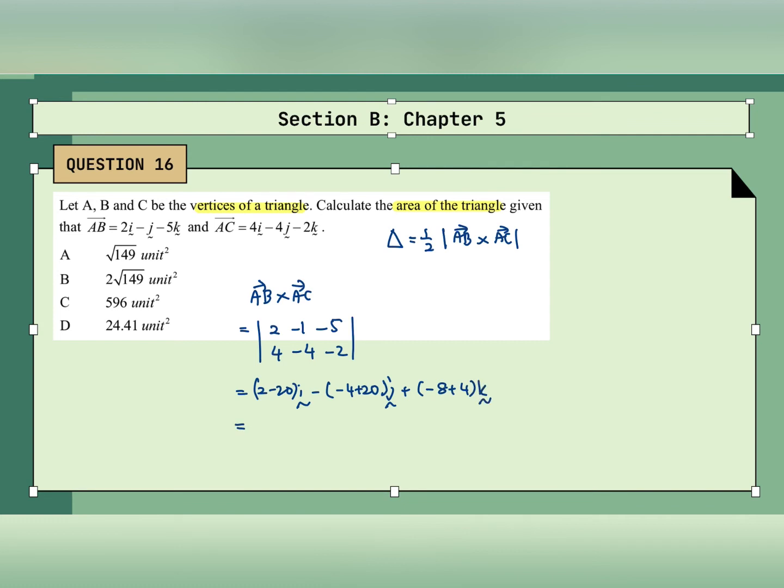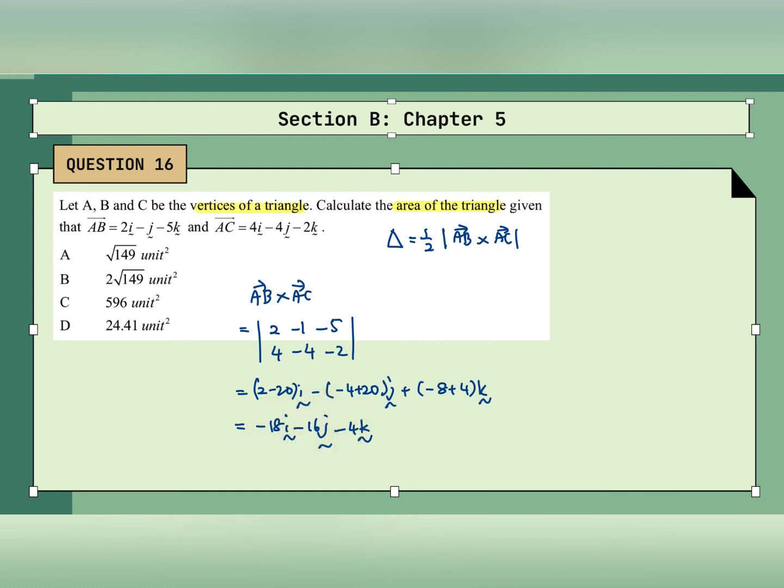So here I get negative 18 I, 20 tolak 4 is 16 minus 16J, negatif 8 tambah 4 negatif 4K. Okay, so you need to find the magnitude. Magnitude kita buat apa? Squarekan ini, squarekan ini, squarekan ini.